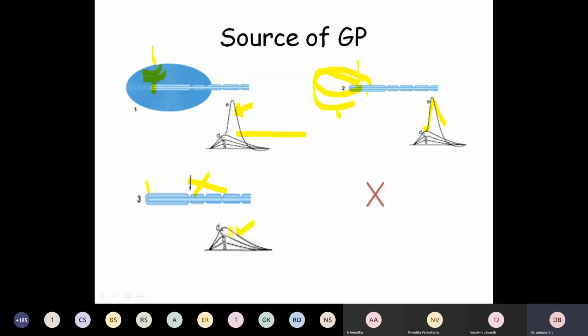There is no problem in the production of the generator potential, even if you increase the strength here, but it does not reach the threshold level and does not produce an action potential. So with this experiment we came to know that the action potential is generated at the first node of Ranvier.